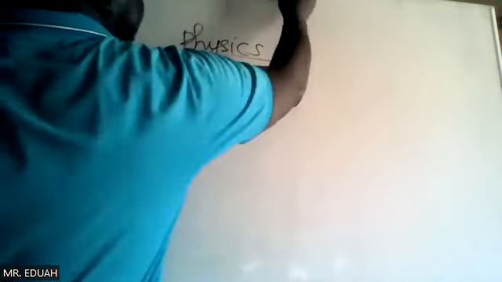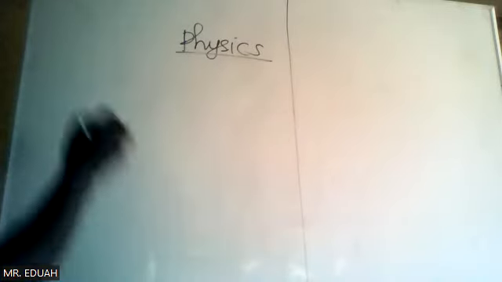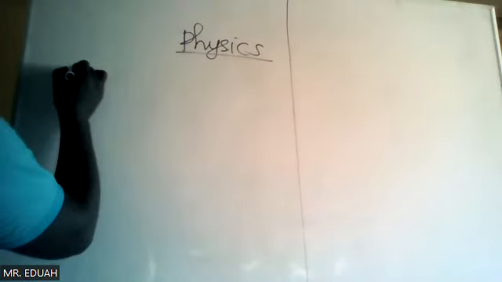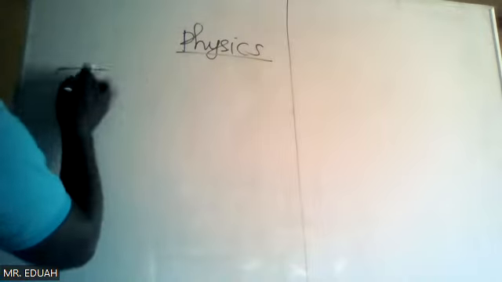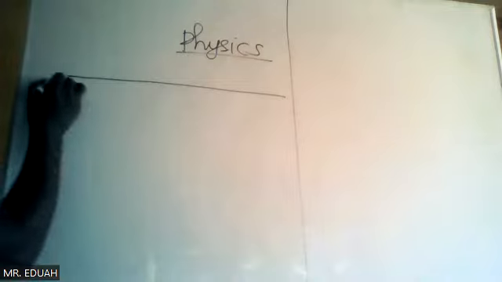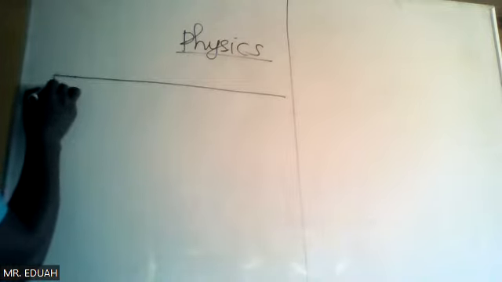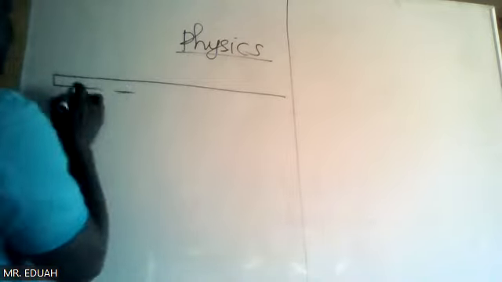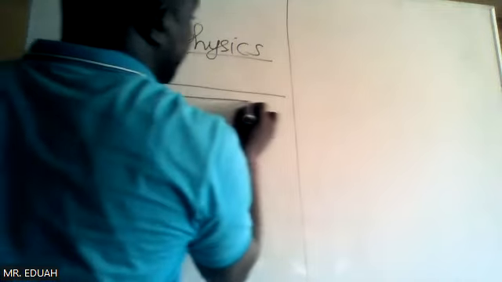So let me divide my whole board into two. We have a light horizontal beam of length 15, just something to represent a beam.